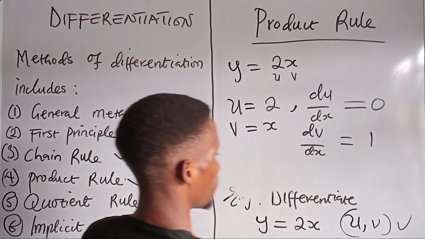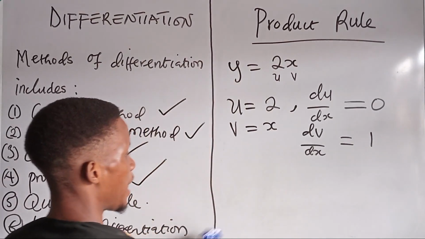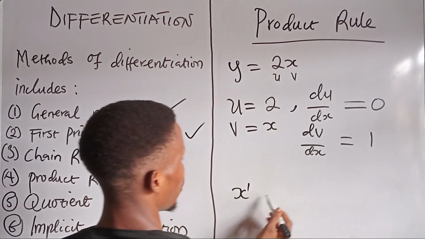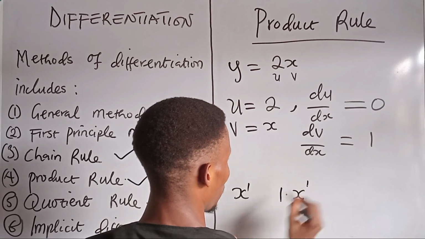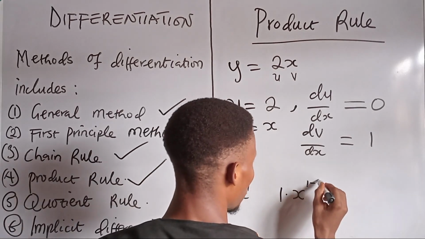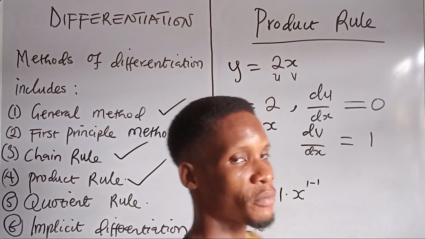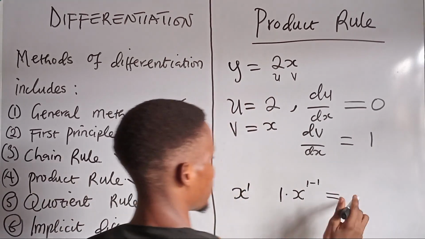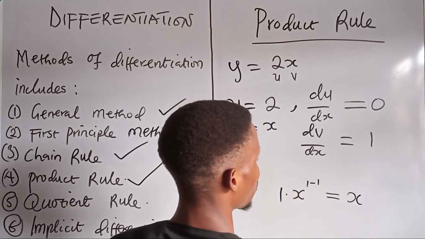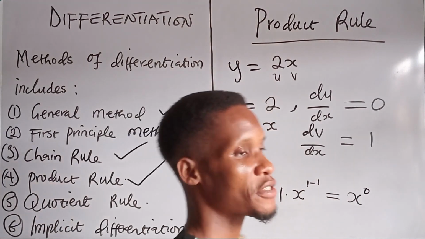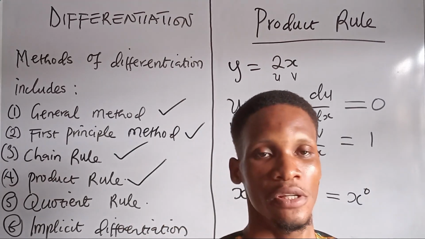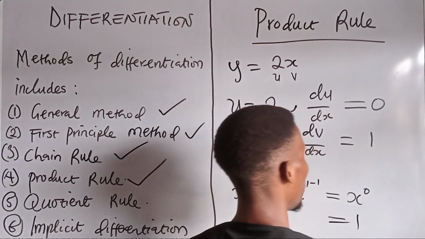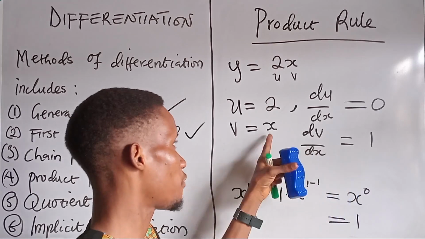The reason is this: x has a power of 1, and when differentiating, the 1 will come down, that is 1 multiplied by x raised to the power 1, then differentiation goes with subtraction of 1 from the power. So 1 multiplied by x is x, then 1 minus 1 is 0. And in indices, anything raised to the power of 0 is equal to 1, except 0 itself. So now it's going to give us 1, and that's how we got the derivative of x as 1.